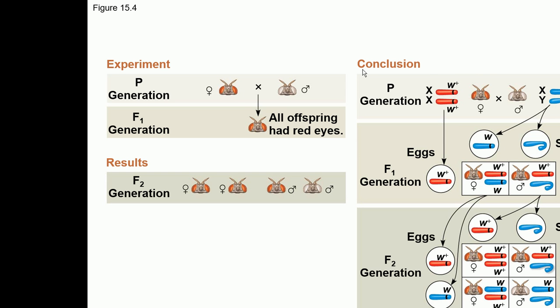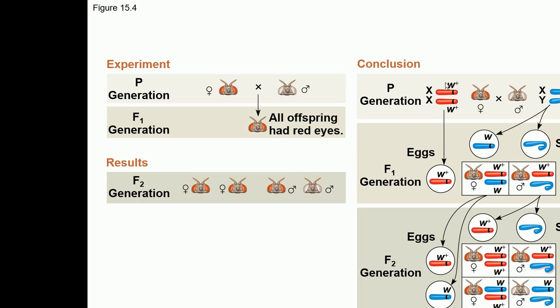So this is the female. In meiosis, this female is going to make gametes with the normal allele. After meiosis, the female is going to make eggs, and all eggs will have an X chromosome with the normal allele present.